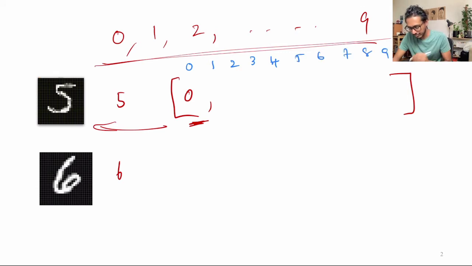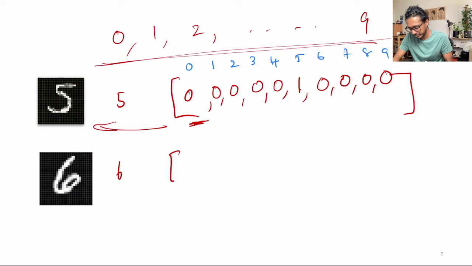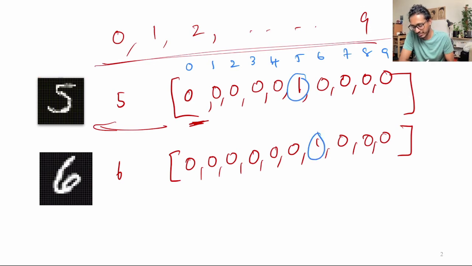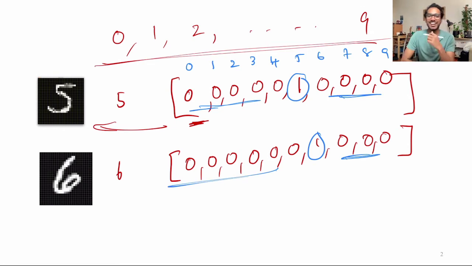We know that 5 does not belong to 1, not to 2, not to 3, not to 4, but 5 belongs to 5, and so on. For 6 as well, we can come up with a labeling similar to the above, and we call this one-hot labeling. Why is it called one-hot? Because one of these values is hot, which is 1, and the rest are not hot. That's the basic idea behind it.